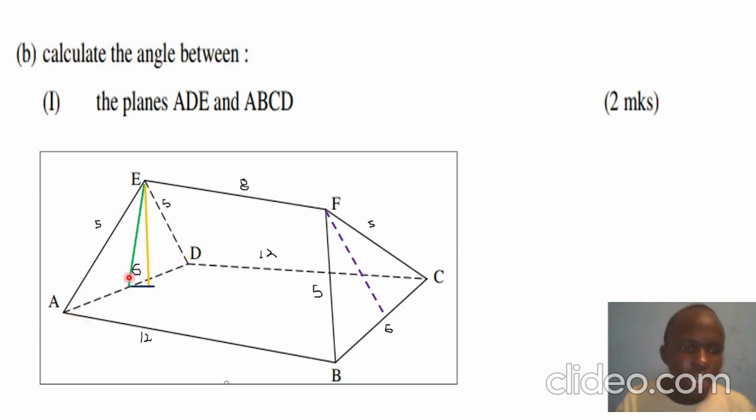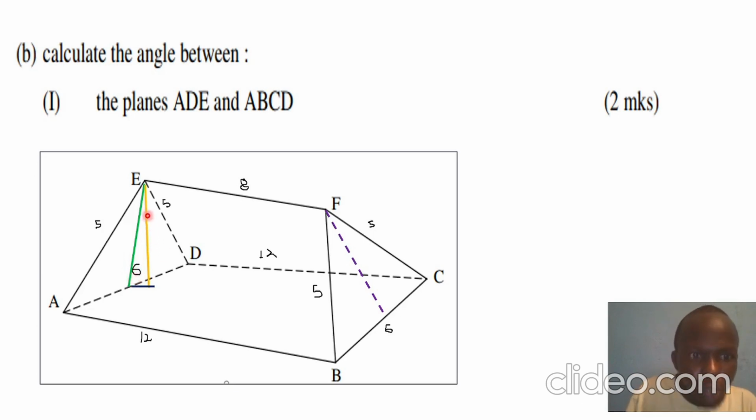So we are going to take the center lengths, the one marked in green and the one marked in yellow. But note that this angle I've highlighted is 90 degrees, and we want to get this angle here.